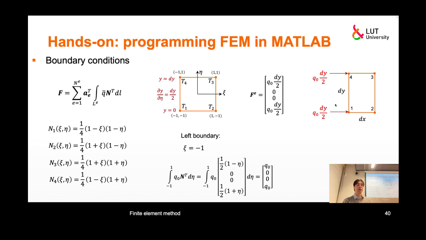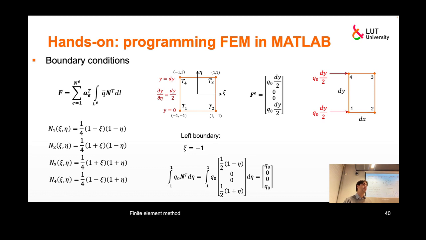So the total action that is produced by the heat flux would be the value of heat flux multiplied by this length. And in our linear approximation, we just divide this value between 2 nodes. So it's just value of heat flux times this length and divide it between 2 nodes. It's as easy as that.